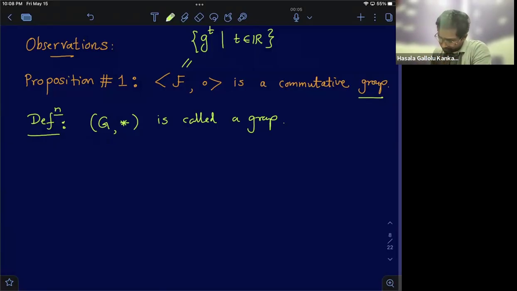The first one, I should not say it even as a property. So let's say G is non-empty, or I can start by saying a non-empty set together with an operation and so on, right? The first condition, that G is non-empty, I will indicate it as 0.